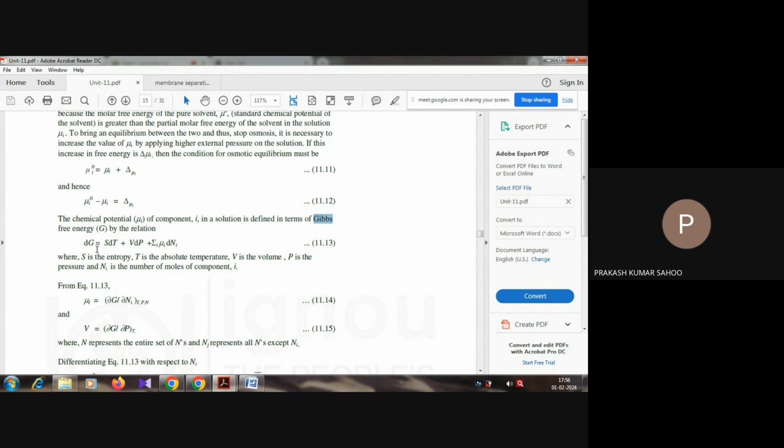Here dG = -S dT + V dP + summation of mu_i dn_i, where dG is the change in free energy, S is the entropy, dT is the change in temperature, V is the volume or partial volume, and dP is the change in pressure. Summation of mu is the chemical potential and n is the number of moles of the component.